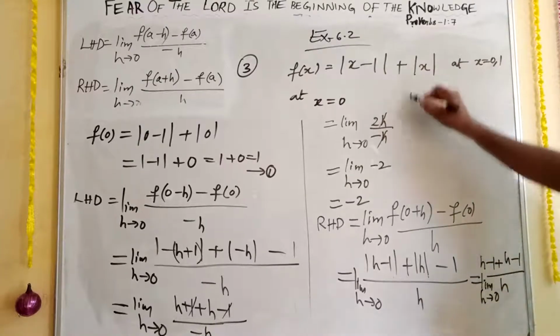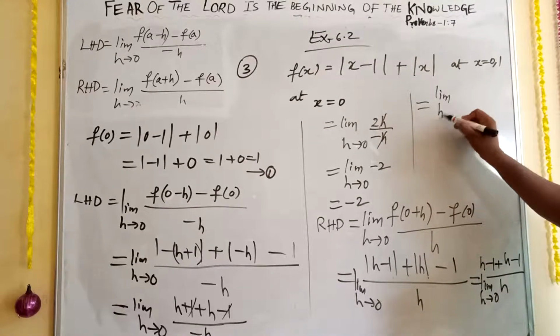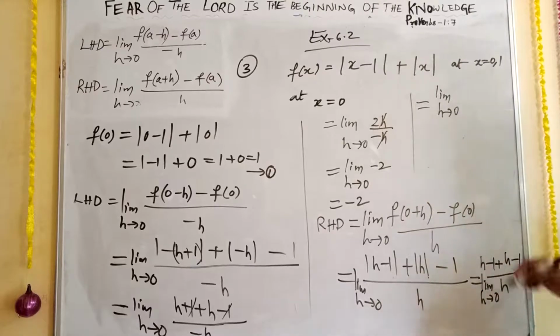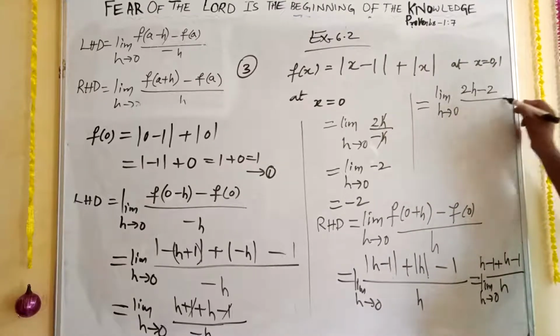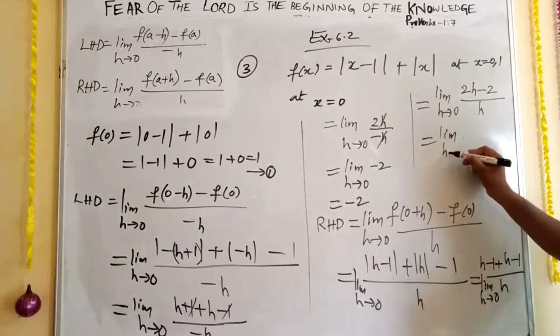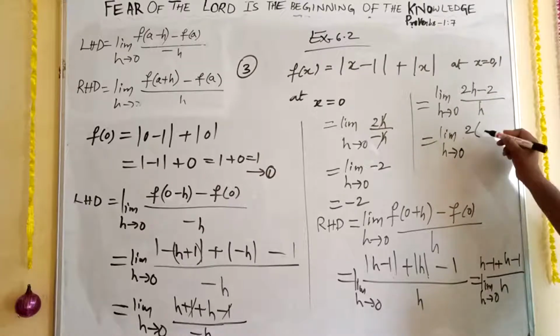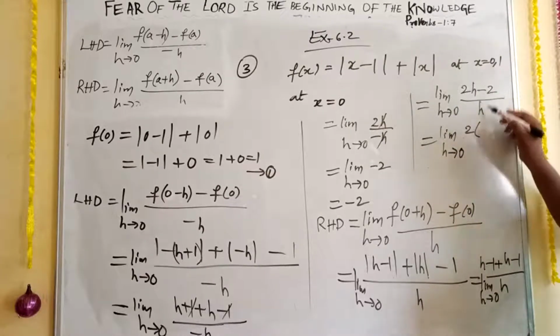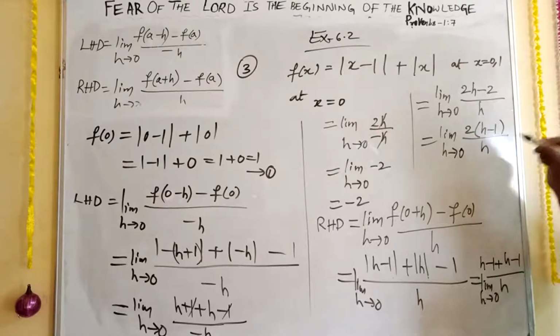So now we can write this is equal to limit h tends to 0, h plus h, 2h, minus 1 minus 2 upon h. So now limit h tends to 0, in both take common 2, then you get h minus 1 upon h.